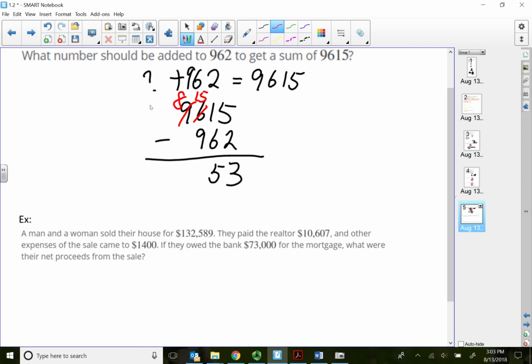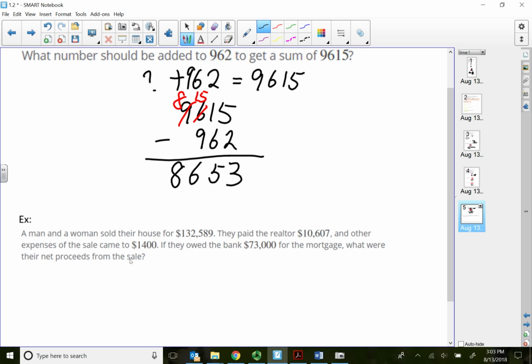Which to me, 15 minus 9 is not as quick as 10 minus 9 plus 5, which is 6. Same answer. My brain is not used to taking anything bigger than 10 to subtract. Excuse me, that's a 6. 8 subtract nobody, so that's still going to be 8. 8,653.